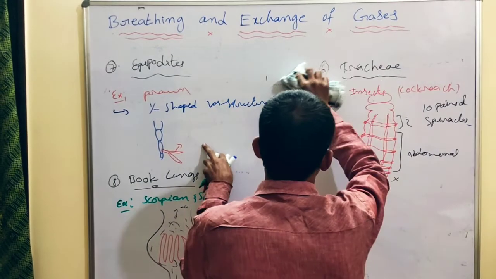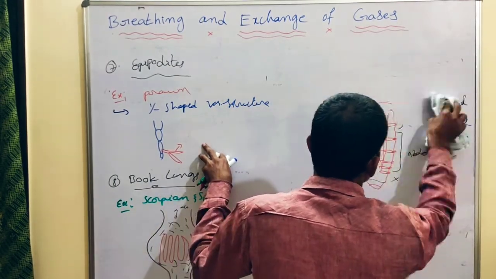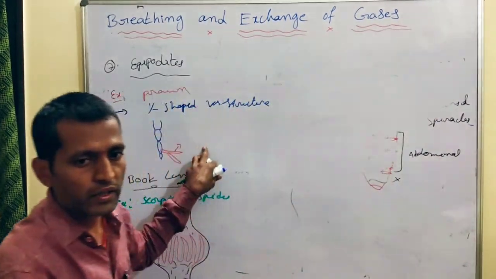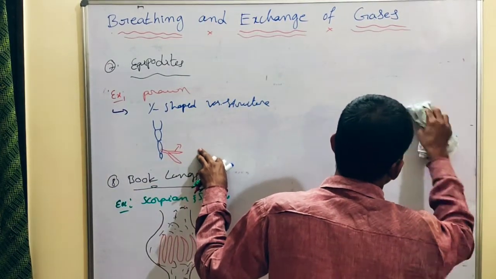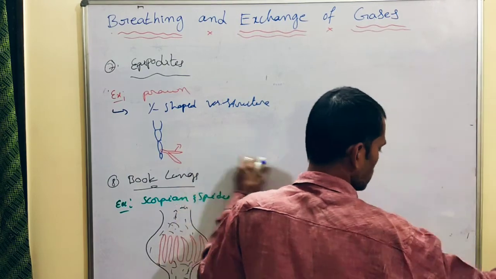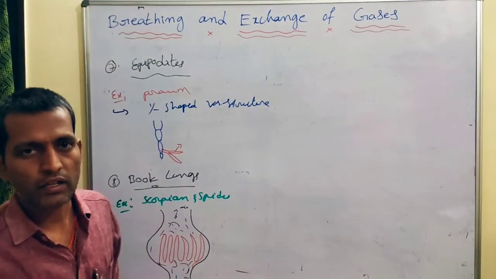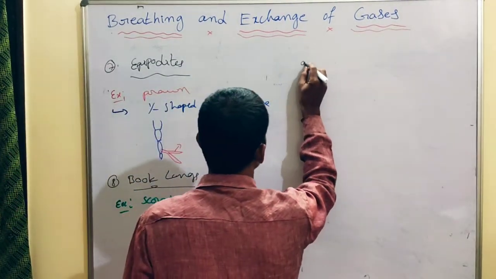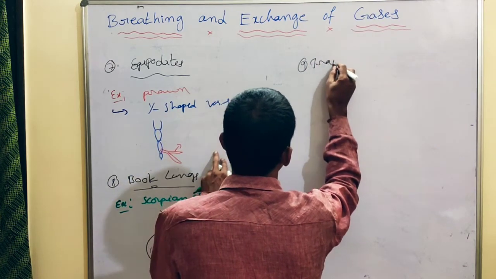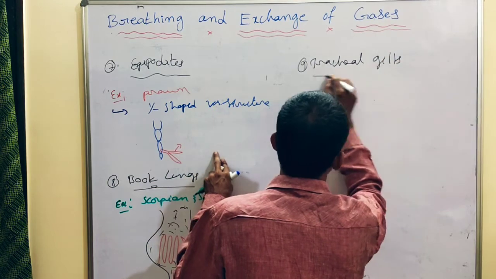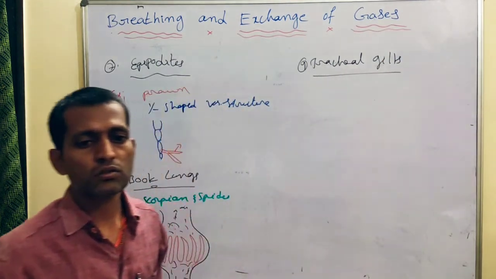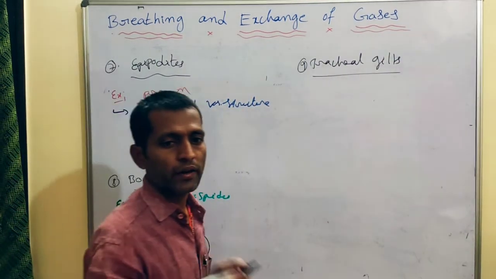Next, the ninth type of respiratory organ is tracheal gills. Through tracheal gills also, some animals respire.